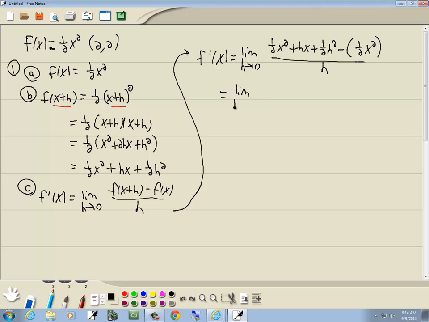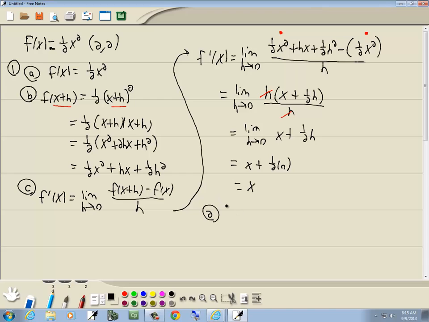So that gives us the limit as h goes to 0. The 1/2 x squared here will cancel with this negative 1/2 x squared. And what's left I can factor an h out of. So factor an h out of the hx and out of the 1/2 h squared. Now when I do that, these h's are going to cancel. And I got the limit as h goes to 0 of x plus 1/2 h. Now I'm ready to plug my 0 in for h, so I got x plus 1/2 times 0, which just gives us x.